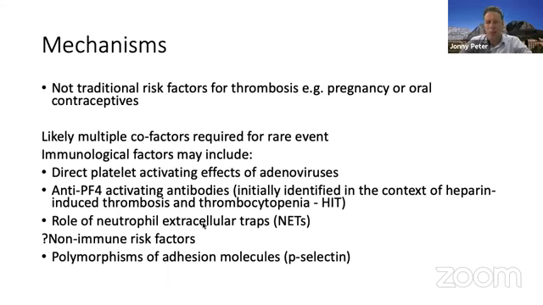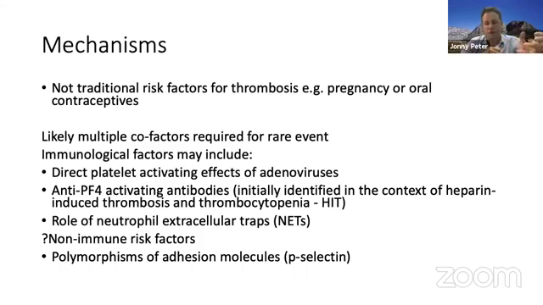It seems like all of these are very unusual immunological events, and you probably need a series of problems to manifest with the event. So for instance, in particular patients, there might be an increased risk of direct platelet activation related to the adenovirus vector itself.